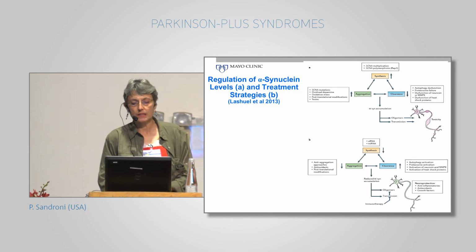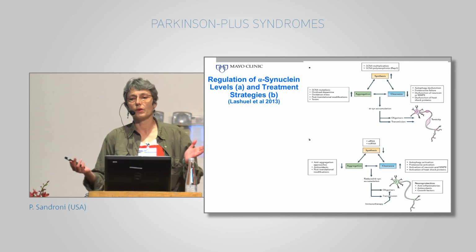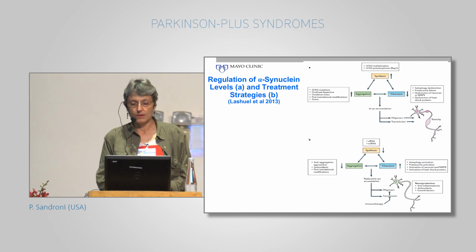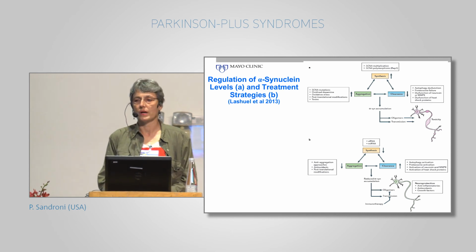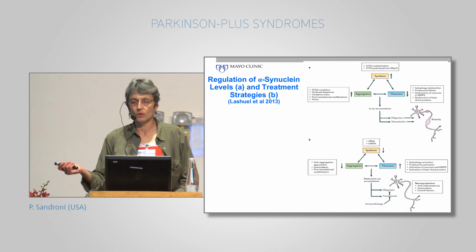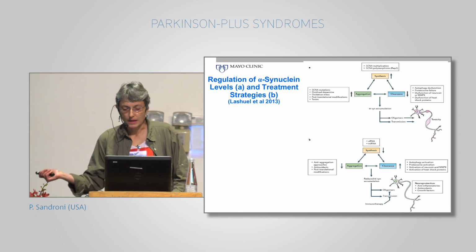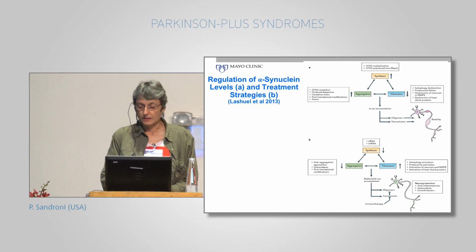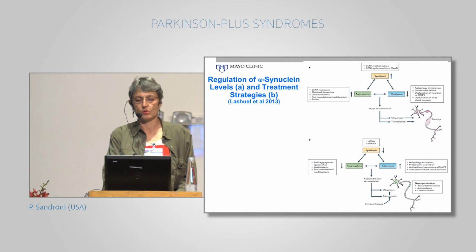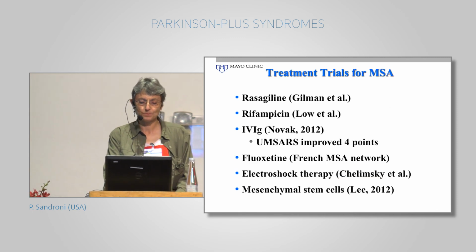Anyway, the idea is, again, what can we do to prevent the deposition of alpha-synuclein? And I think there were some presentations already about monoclonal antibodies, anti-RNA, oligonucleotides, etc. So we'll see where this goes. We're still at the beginning.